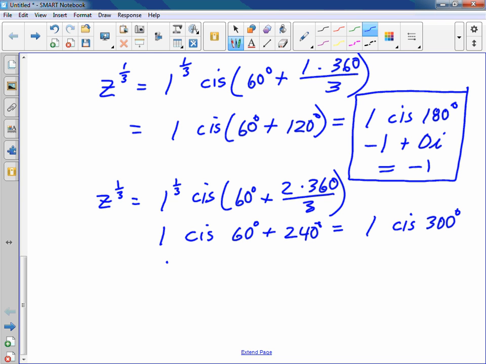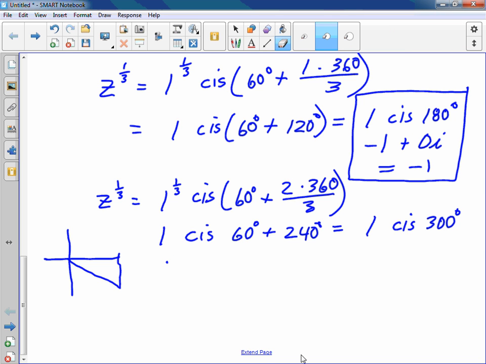So let's think about that one. 300. Let's make a little sketch. When in doubt, make a little sketch. That one's going to go over here. No, down lower. That's more like 330. That one's going to go more like this. And then a cosine again is 1/2.